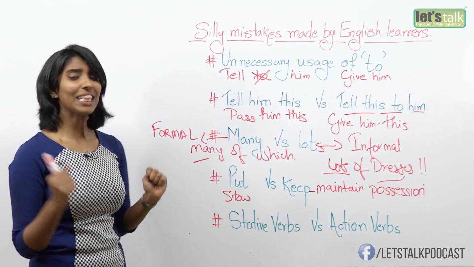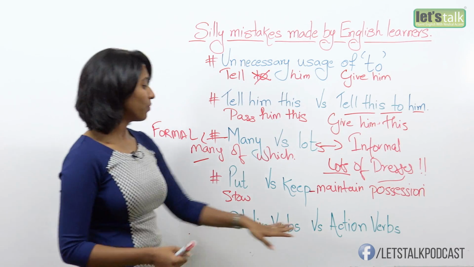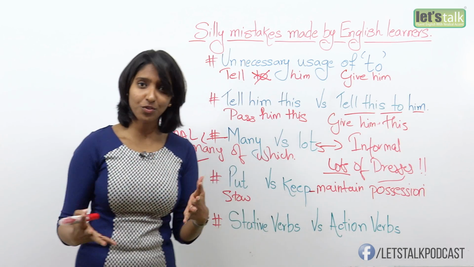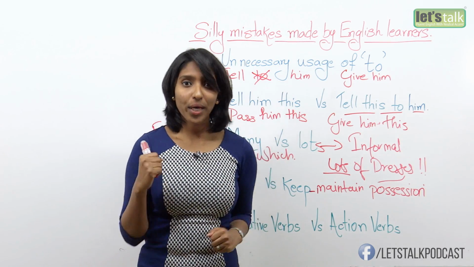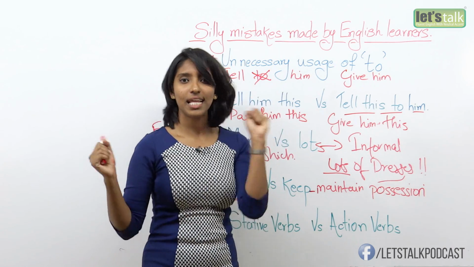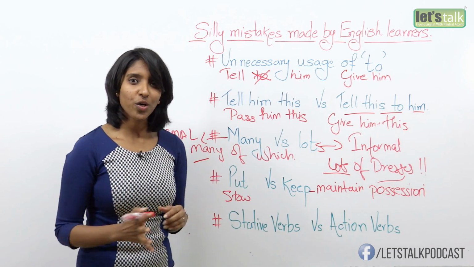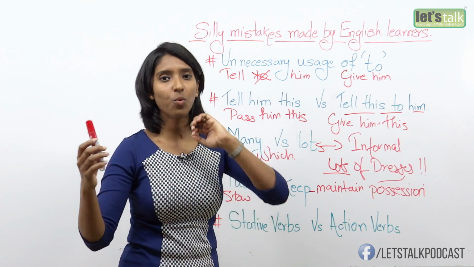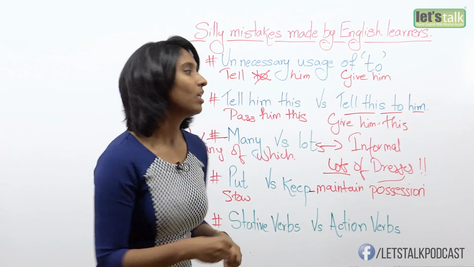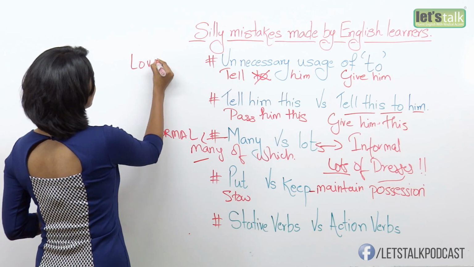Put. The last but the most important is stative verbs versus action verbs. What are action verbs? Verbs that you do. Going is an action, singing is an action. But what are stative verbs? Stative verbs are those verbs which do not have a definite point of starting or ending. For example, love.